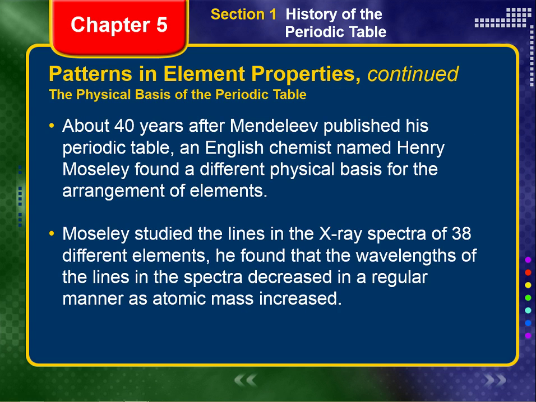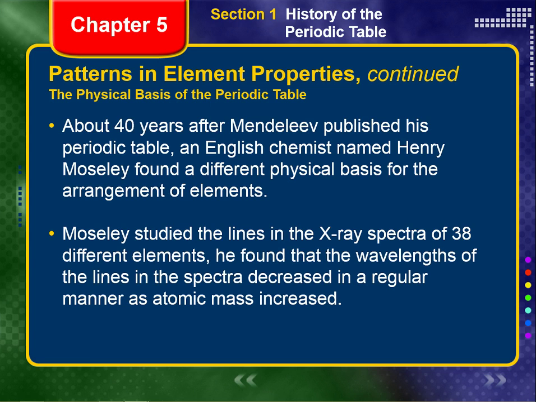Now, about 40 years after Mendeleev published his periodic table, which was actually just in a textbook, and wasn't like a big discovery blown out of proportion, an English chemist named Henry Moseley found a different physical basis for the arrangement of elements, right? So not according to atomic mass.